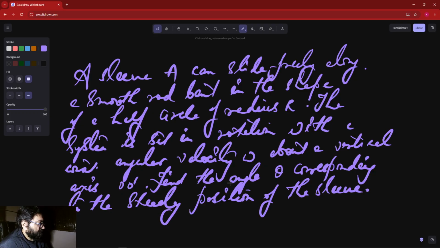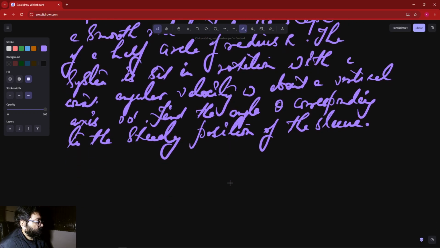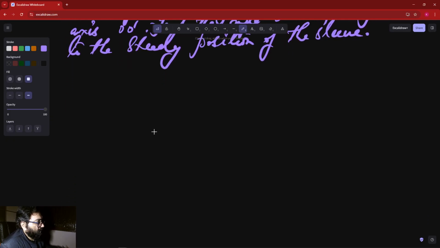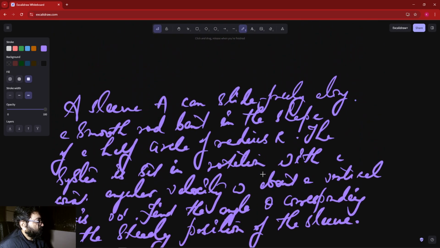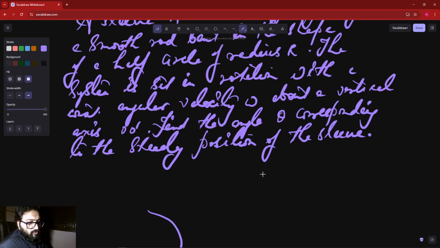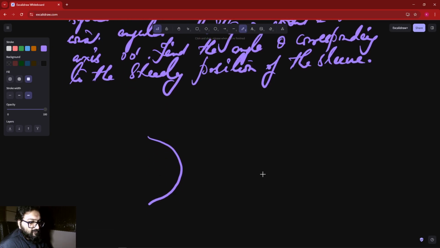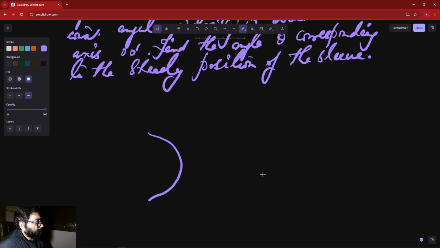Find the angle theta corresponding to the steady position of the sleeve. Okay, so essentially I have a semicircular rod, okay, and I have a sleeve, okay.